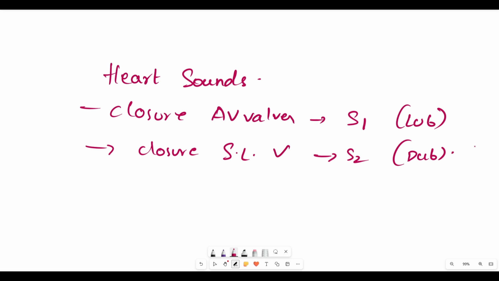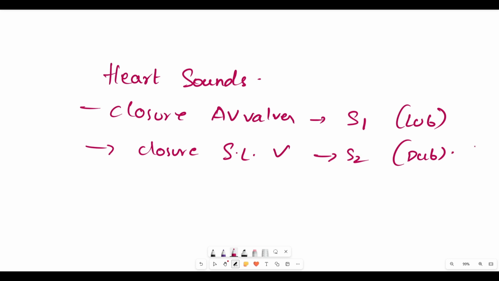Their opening and closure depends on the pressure differences during the cardiac cycle. Proper coordination of the AV and semilunar valves ensures effective pumping and produces the normal heart sounds. Any defect leads to stenosis or regurgitation, which will further affect the cardiac output.